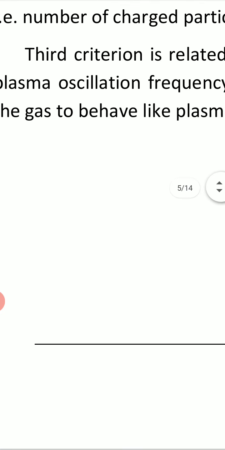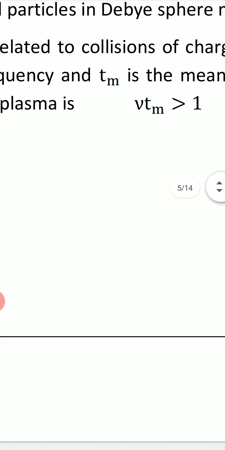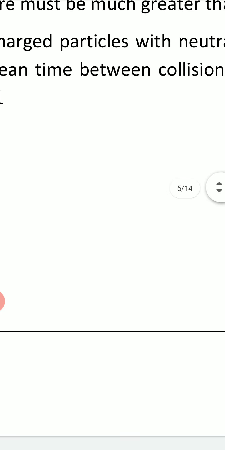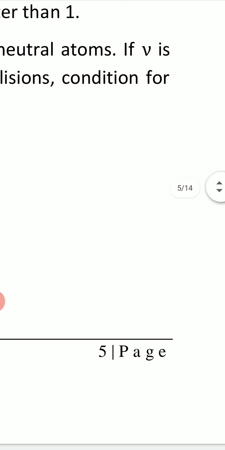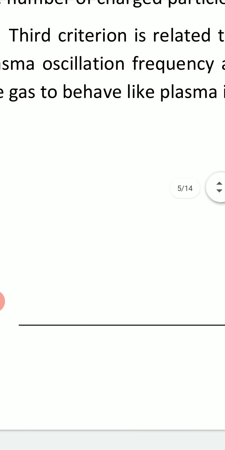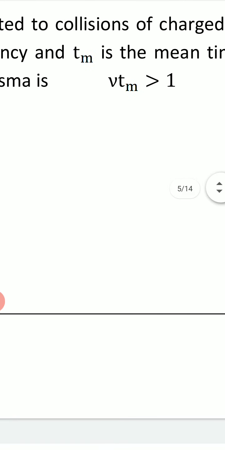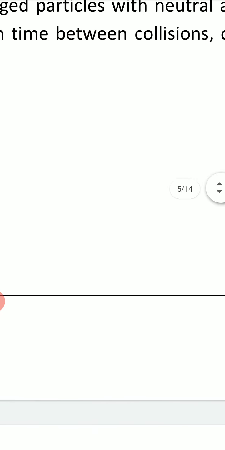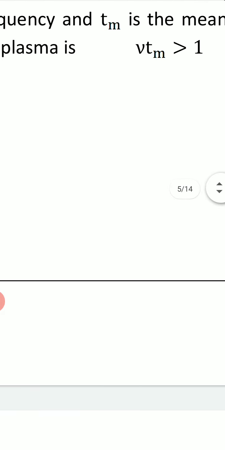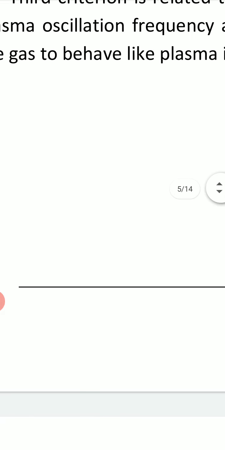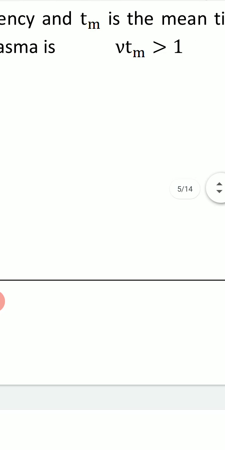And the third criterion is related to collisions of charged particles with neutral atoms. If nu is plasma oscillation frequency and Tm is the mean time between collisions, the condition for the gas to behave like plasma is nu Tm should be greater than 1. Nu is electron plasma frequency.